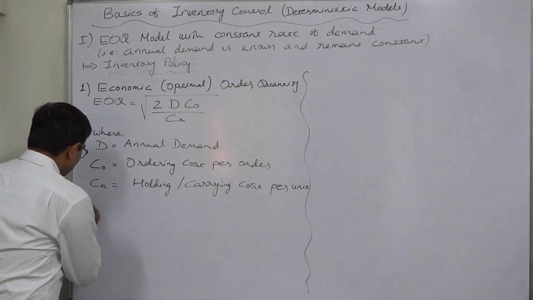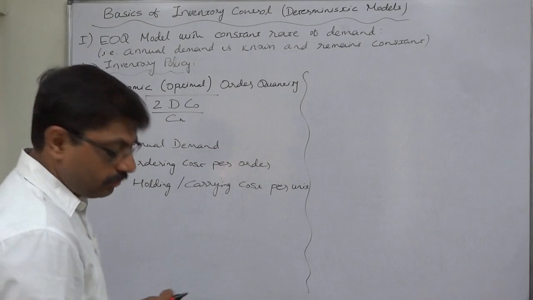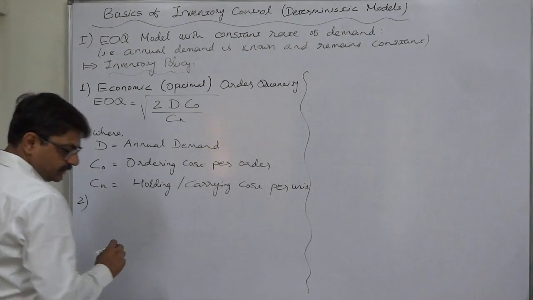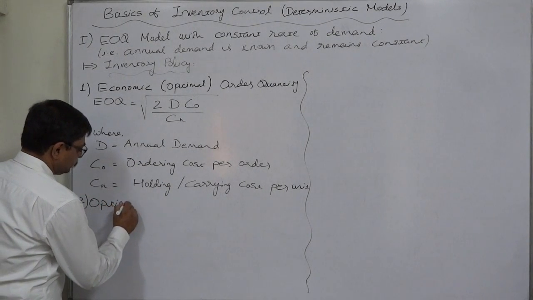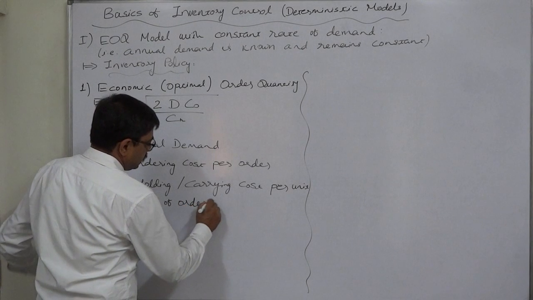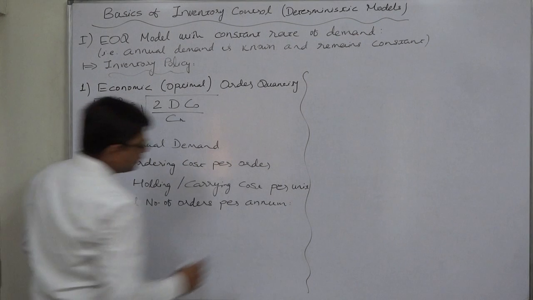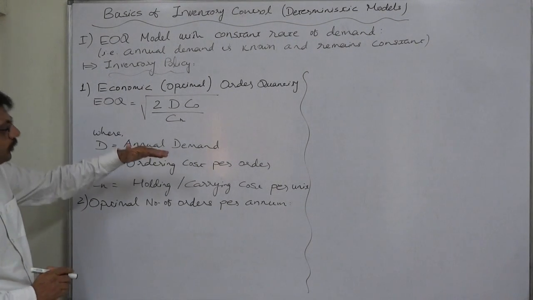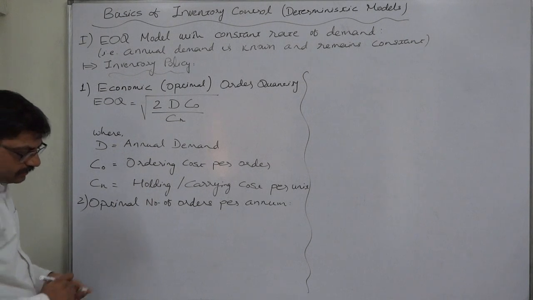Let us see the formula to calculate other items, and the next item is optimal number of orders per annum. Optimal means if we follow the EOQ, then what will be the number of orders per annum?